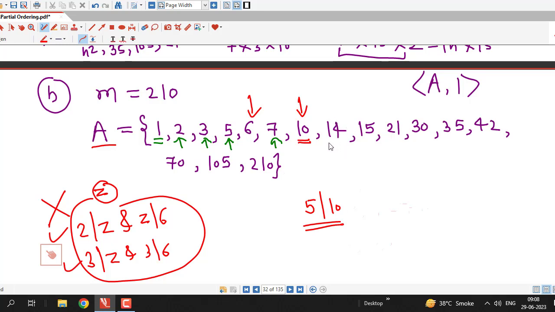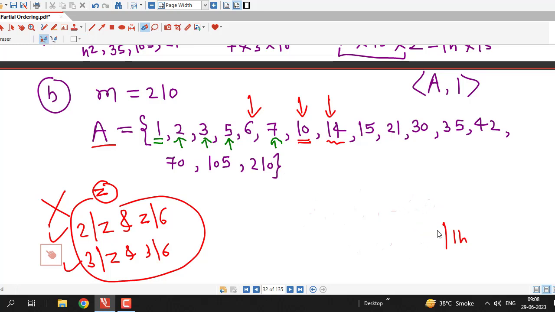What about 14? 14 is a cover of 2 or not? So 14 cannot cover 2. Okay, 14 is also a cover of 2, because 2 divides 14 and there is no integer in between 2 and 14. So I have to consider 14 also. And then what about 15?